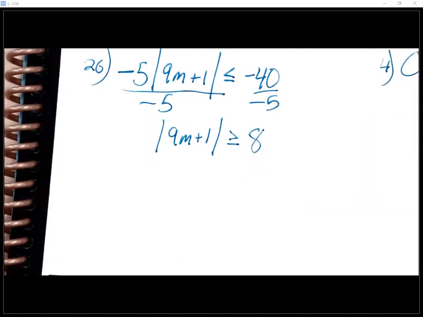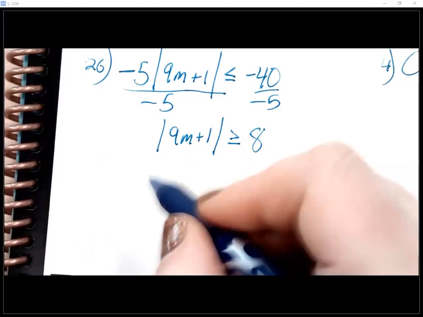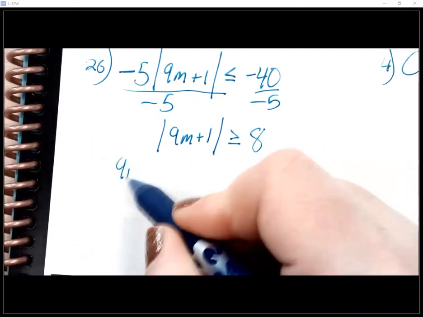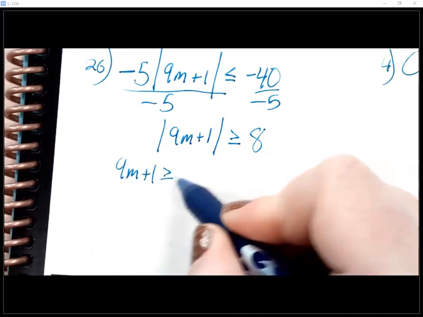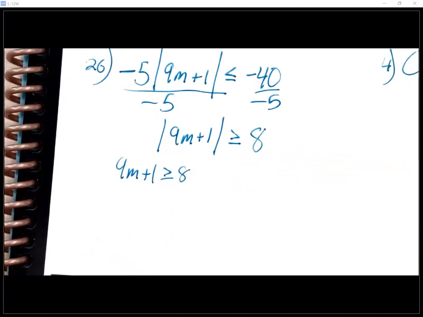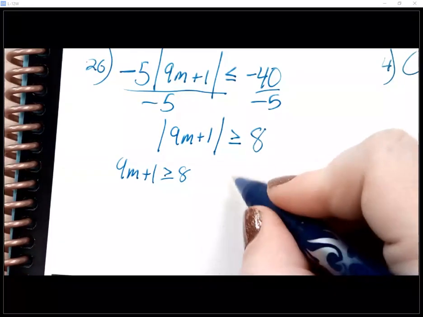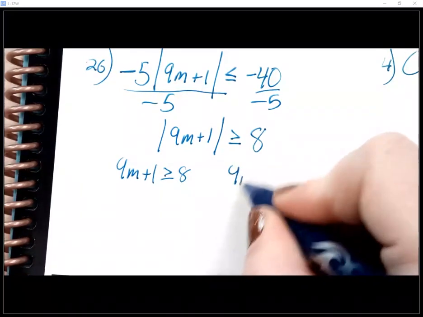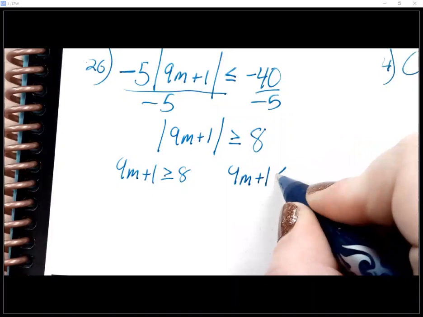Step 2 now requires me to rewrite this twice. Once like I see it, and then the second time, remember, we're going to flip the symbol again and take the opposite of the other side. So one of my inequalities should look like 9m plus 1 greater than or equal to 8, just like I see it. Just don't write the bars. And then the second time, be careful on this one, 9m plus 1, flip the symbol over and make that a negative.